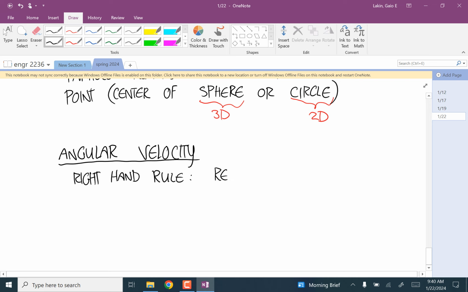So you can think of it as a relationship between a rotation and a vector direction.